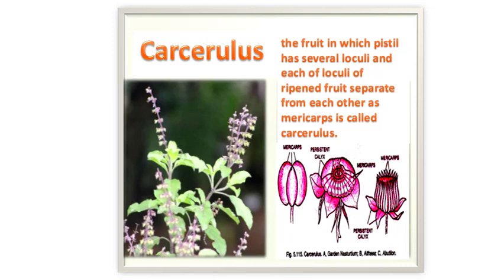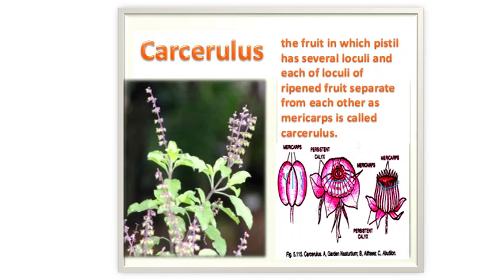So simply here we have multiple mericarps, or fruits, after maturation. Here we have a persistent calyx. Again, these all are mericarps.